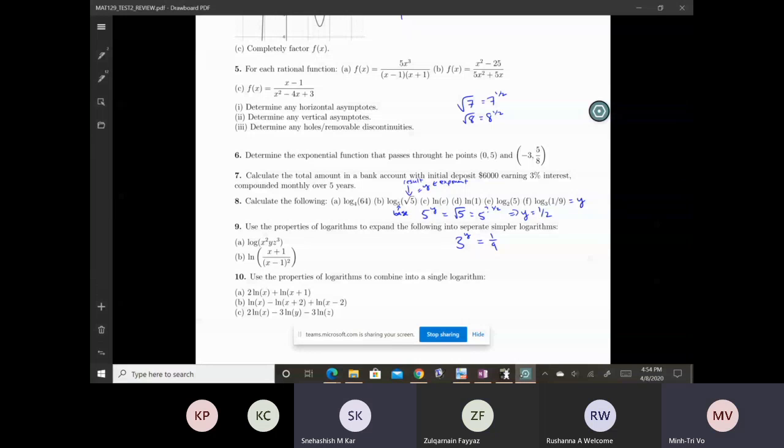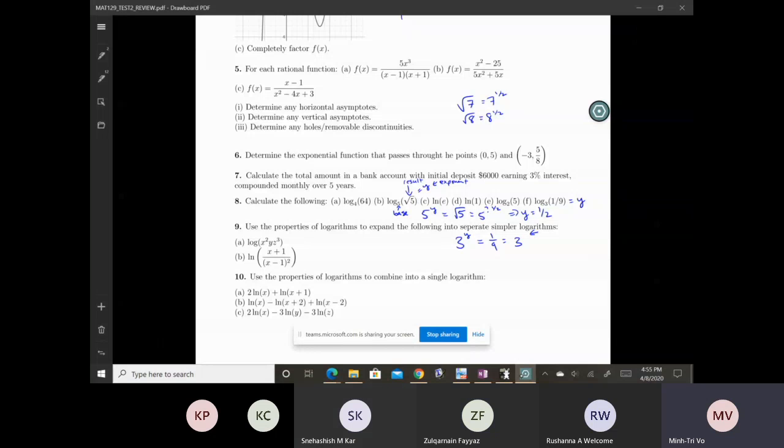Well, now we want to do the same thing. What did we do here? We made it so that it's 3 to some power. So I have to turn the 1/9 into 3 to some power, and I need to figure out what the power is.